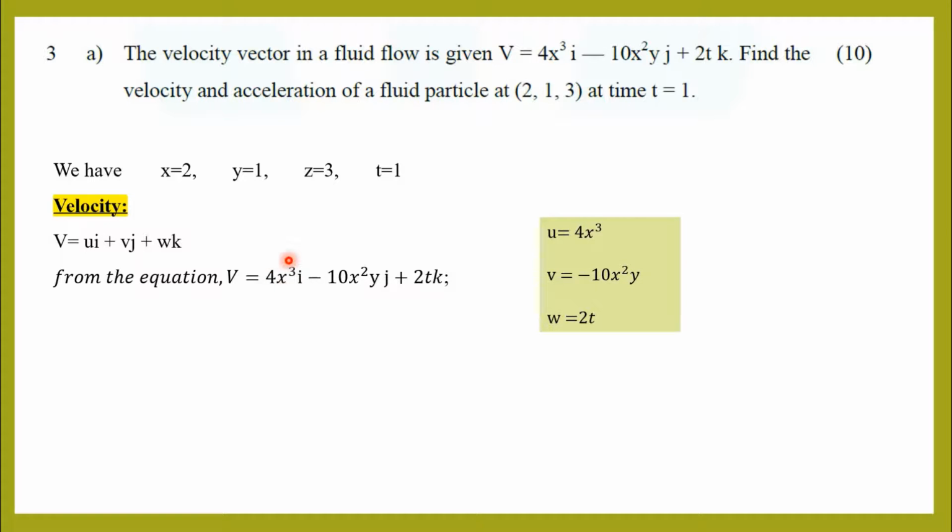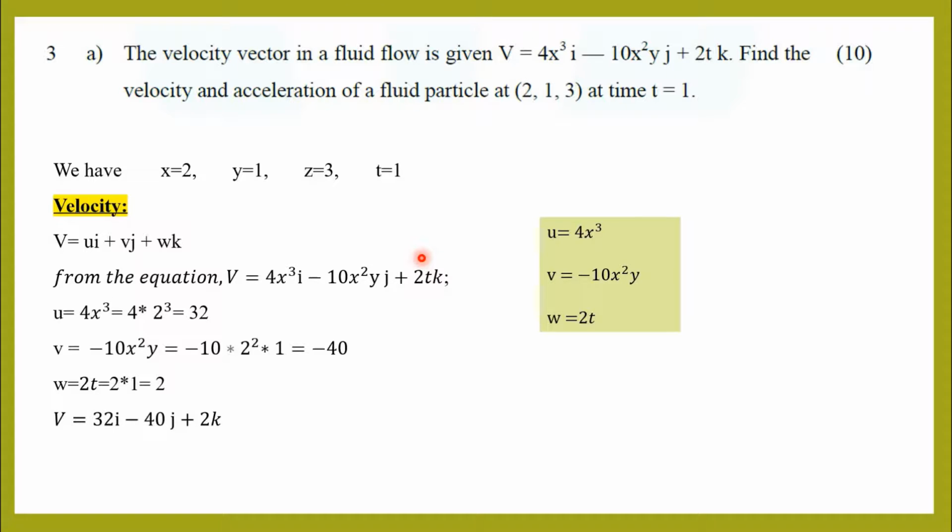Here u is 4x cube, v is minus 10x square y, and w is 2t. We have the values of x, y, z and t, so substituting, u is 4 into 2 cube, which is 32. v is minus 10 into 2 square y, which is minus 40. w is 2 into t, which is 2 itself.